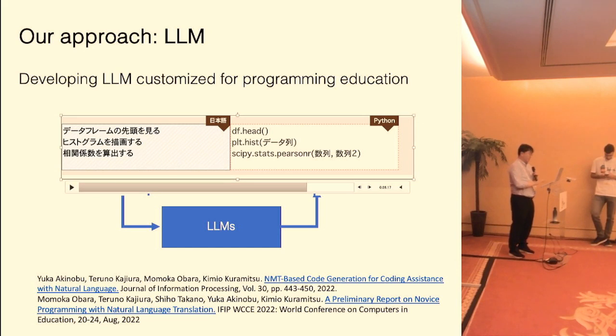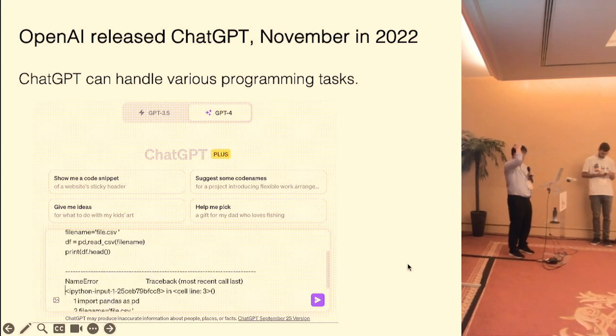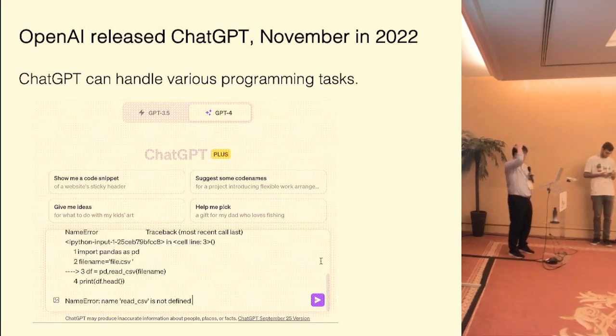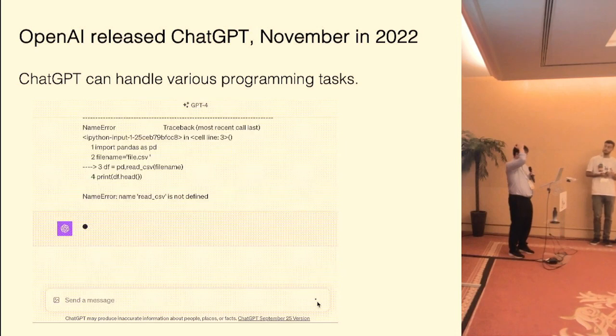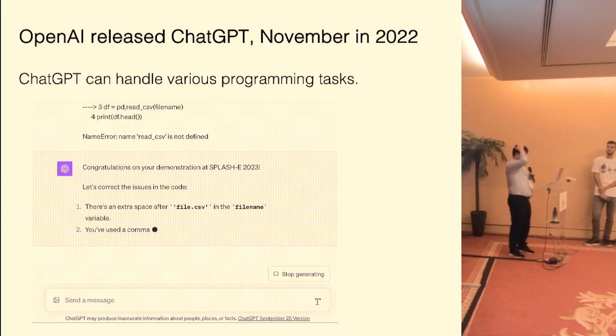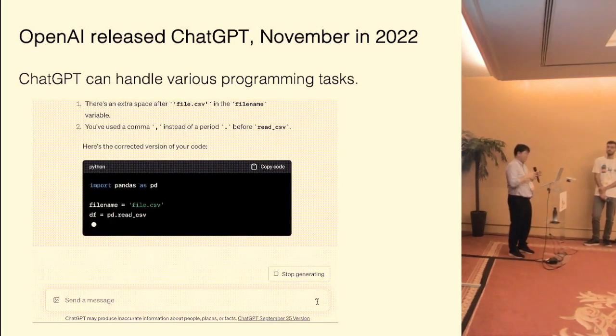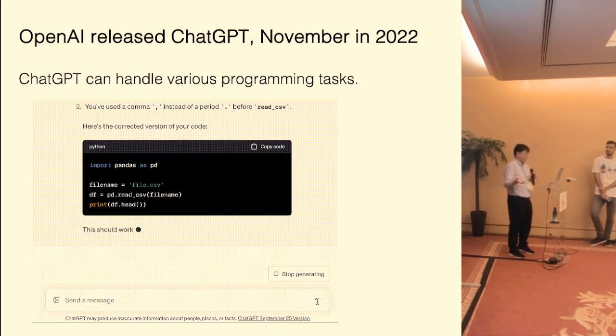But last year, in November 2022, OpenAI released ChatGPT. ChatGPT handles various programming tasks, so I thought, let's combine ChatGPT and the programming environment.